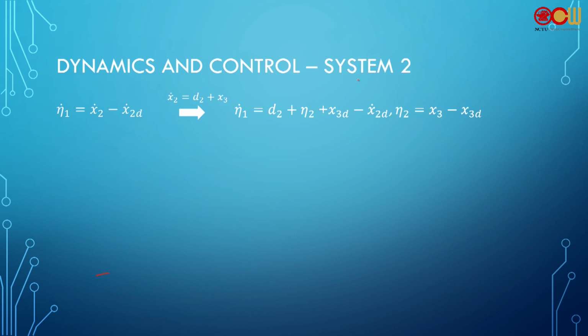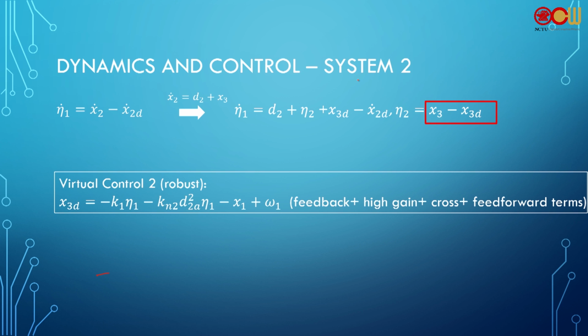Okay, and now we create another eta 2, which is the mismatch of x3 and x3d. So virtual control 2 is designed as this. Again, feedback terms, high gain terms, and here we put eta 1.